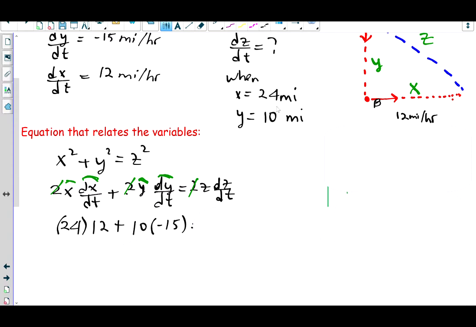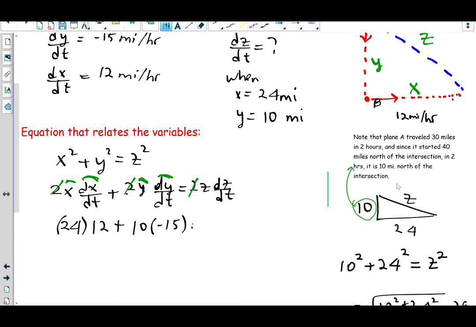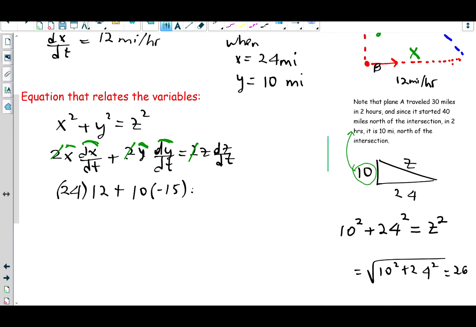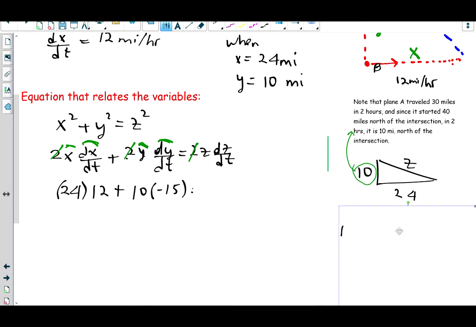But if you have x and y, you can figure out z using the same equation, x squared plus y squared equals z squared. At the moment when x is this and y is that, we can use that equation to figure out our z. So I created a very simple triangle here showing that we have a right triangle situation. The vertical side is 10, the horizontal side is 24, and the hypotenuse is z.